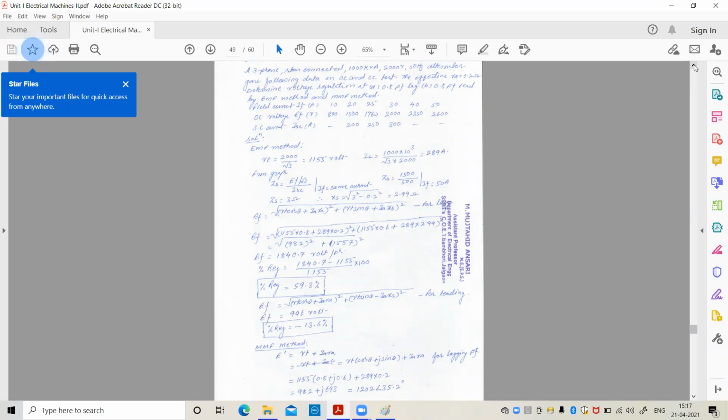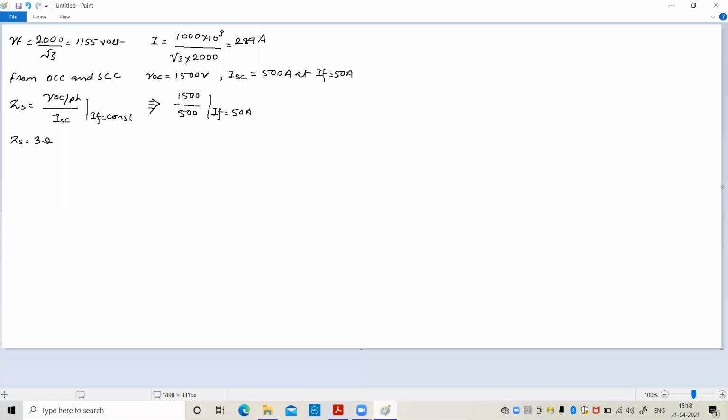So if you calculate the impedance at this value, ZS is equal to rated voltage 2000 divided by √3, over the current at this value, 300 ampere, where the field current is 30 ampere.